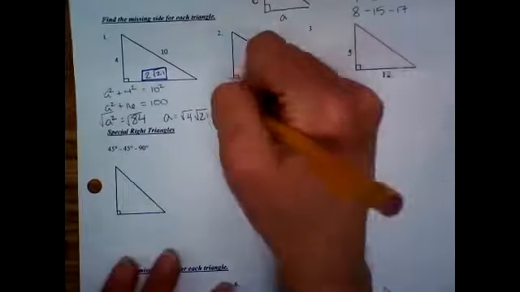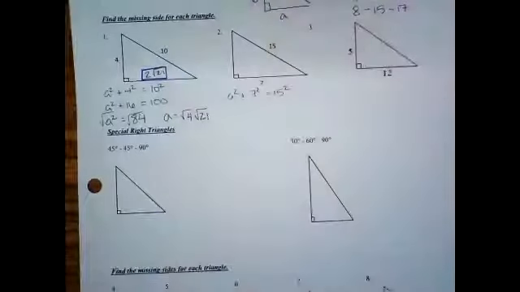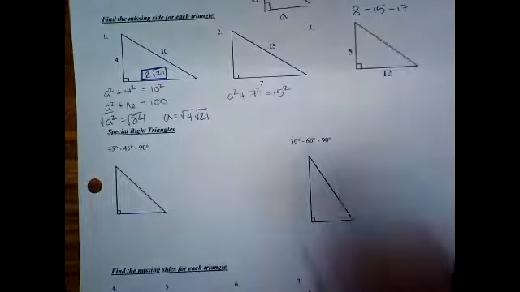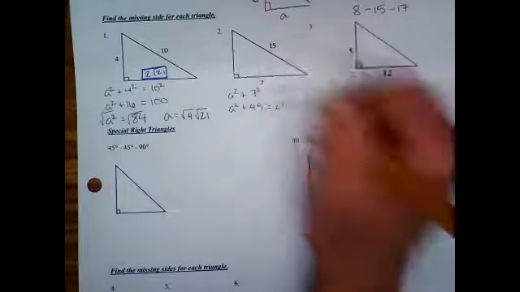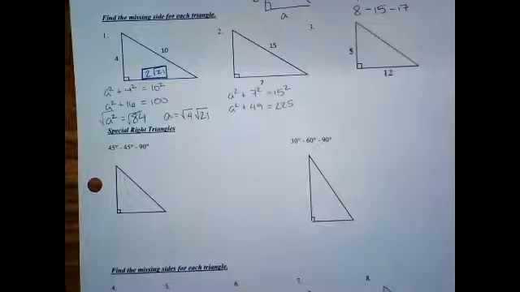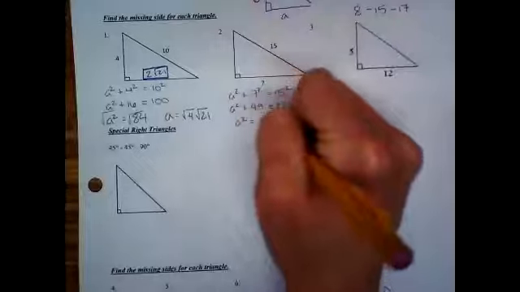All right, let's set up this one. A squared plus 7 squared equals 15 squared. So that will be A squared plus 49 equals 225. Thank you. I don't have them all memorized. I do know 15 squared though. All right, 225 minus 49 gives me 176.